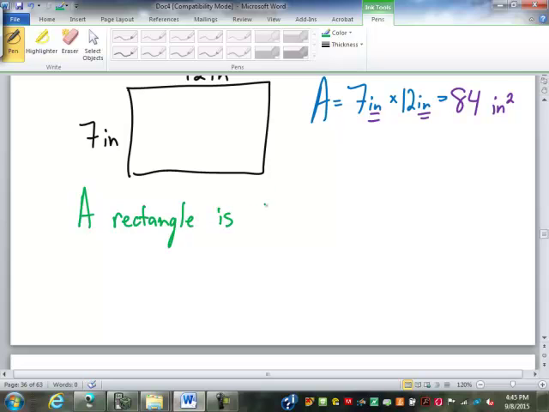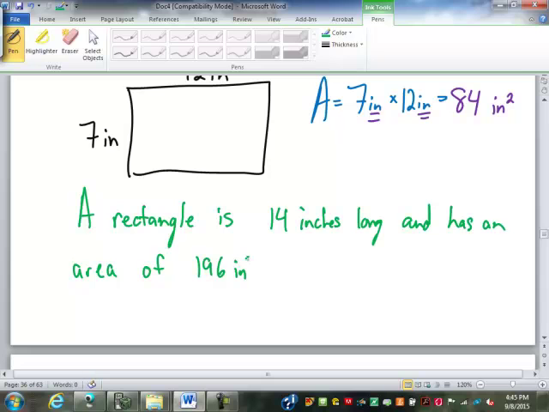Let's say a rectangle is 14 inches long and has an area of 196 square inches. Find the width.